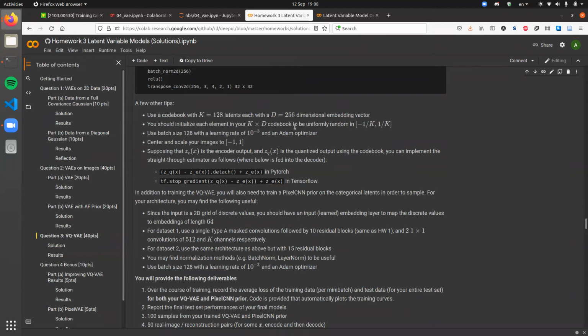This value D should probably be representative of how complex the resultant distribution is in comparison to our decoder, right?